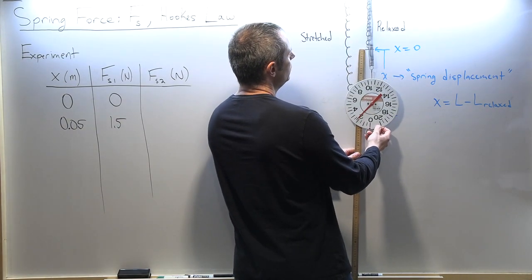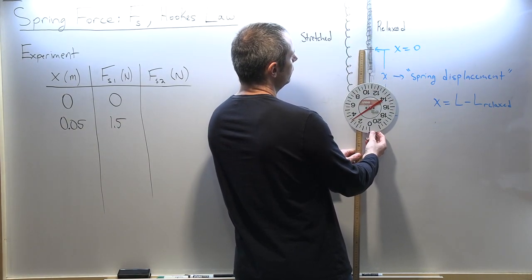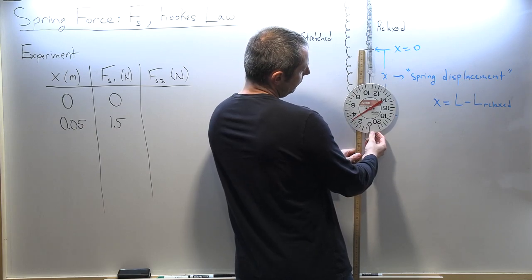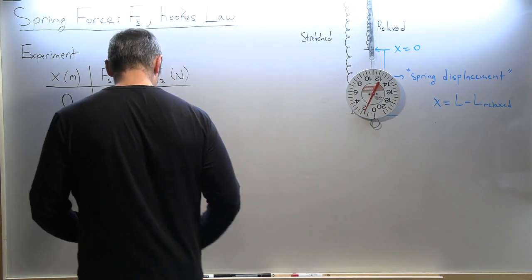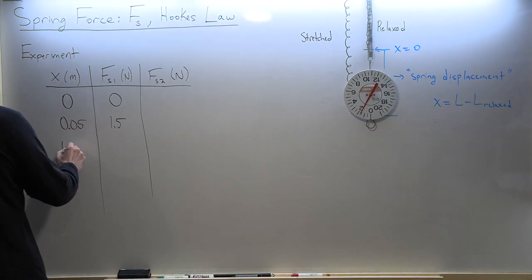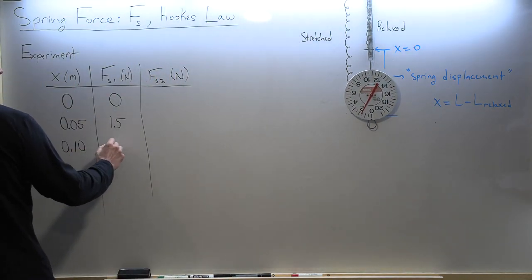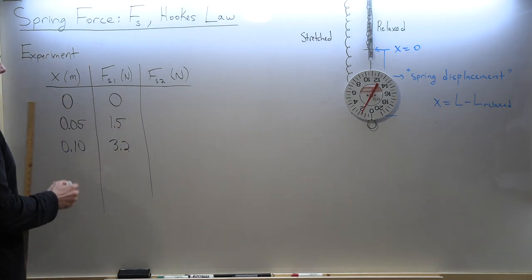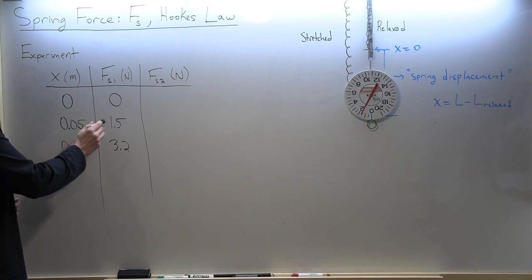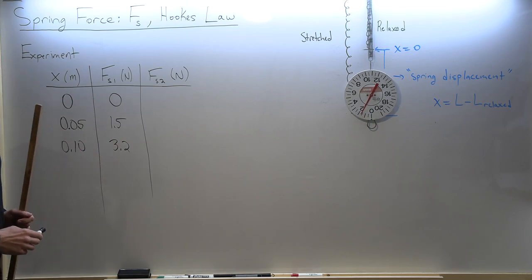So now I'm going to stretch it to 10 centimeters beyond its relaxed length, and I get roughly about maybe 3.2 newtons for 10 centimeters, or 0.1 meters. So it's not perfect, but notice when I double the displacement, I approximately double the spring force.